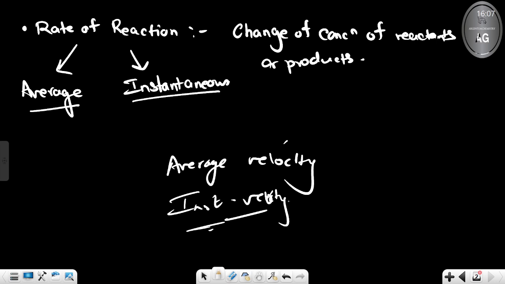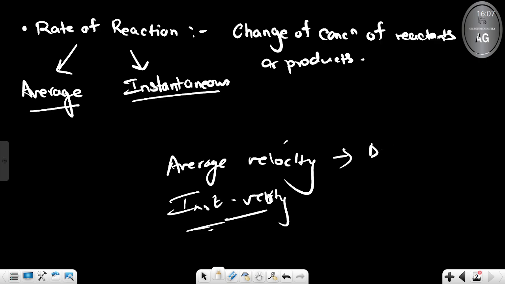Suppose a car is traveling a distance of 600 km in 2 hours. So let us take at 340 seconds, what is the velocity? Then that will be the instantaneous velocity, because at that instant I want to know. Similarly, if I want to know the reaction's rate at a particular instant, then that is instantaneous rate. So what was the difference?